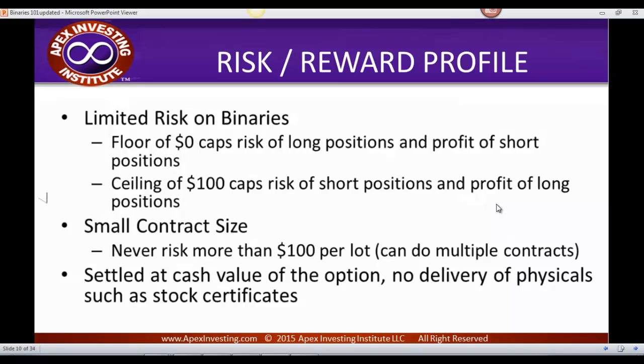Okay, so it's a small contract size. You never risk more than $100 per contract. Now you can do multiple contracts, you can do all you want, but again, at settlement, it's the cash value of the option. There's also no delivery of physicals such as stock certificates. So if you're trading a binary option on one of the U.S. indices, you're just trading the binary option of that index.